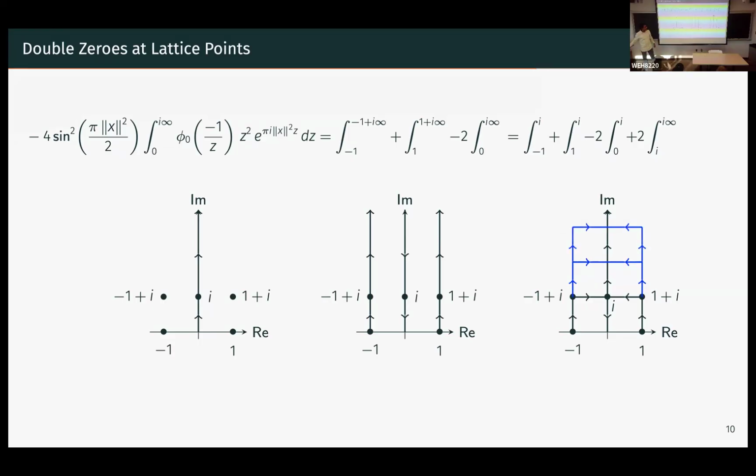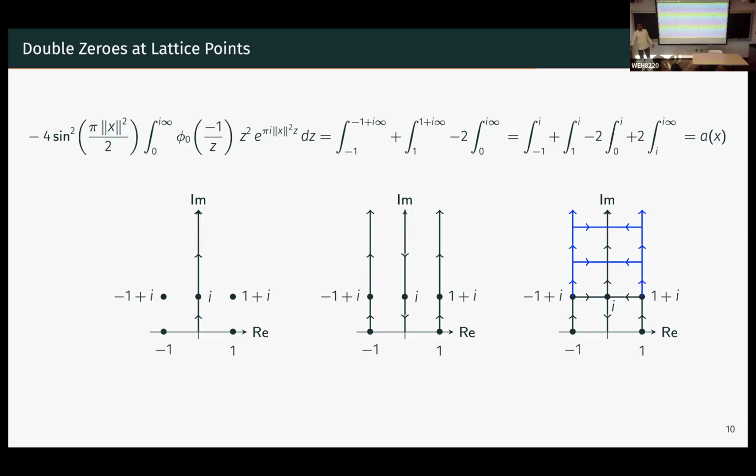I do that again, and I can just keep doing that because you can prove that the integrand, as the imaginary part goes to infinity, vanishes along this horizontal piece. So therefore, you can deform contours in this way. And this is extremely important because this is how you prove that this is equal to A of x.